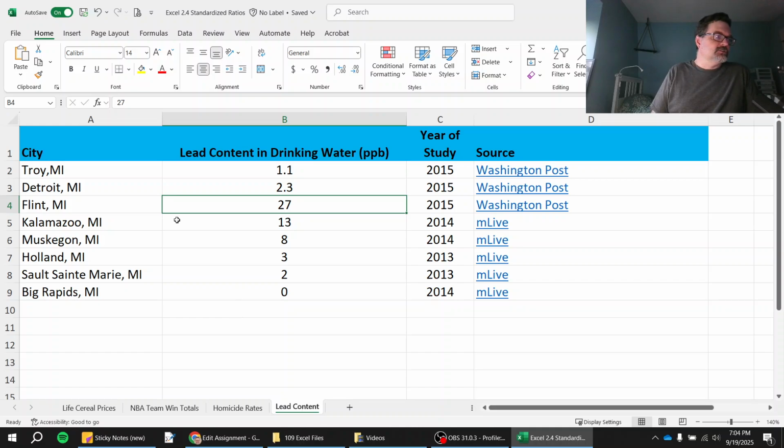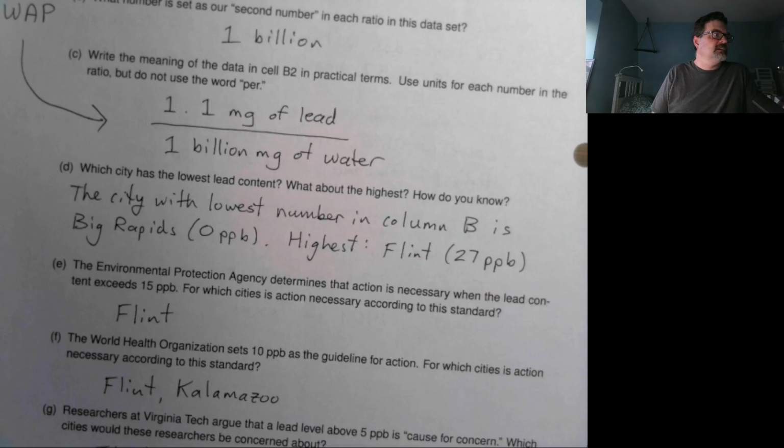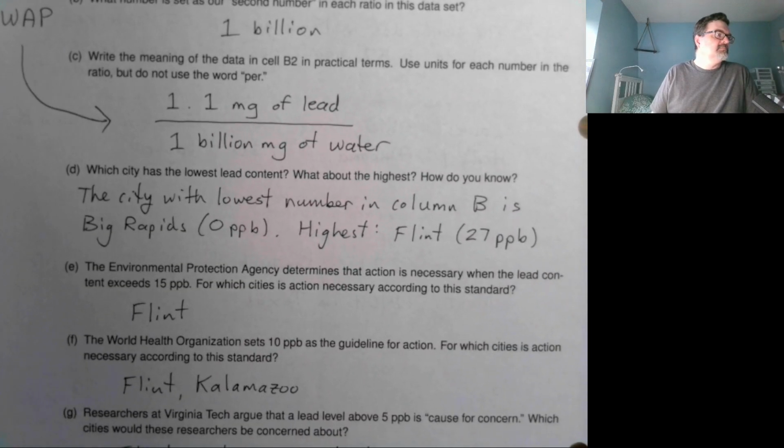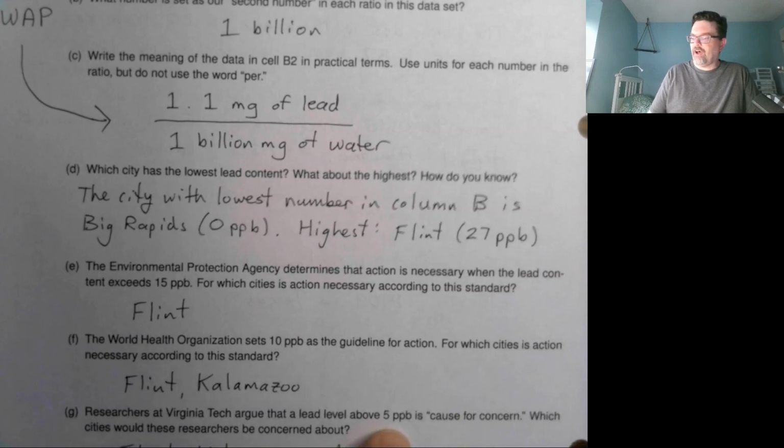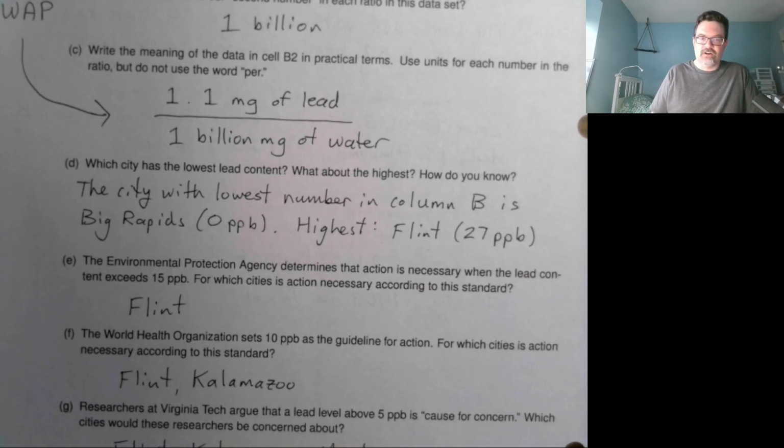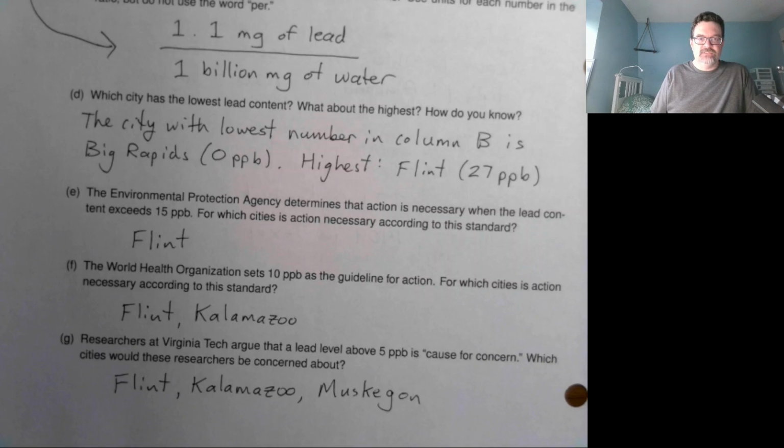But if you go down to 10 parts per billion, which is a World Health Organization threshold, then now we've got both Flint and Kalamazoo meeting that threshold. And if 5 is cause for concern, well, now we actually get Muskegon in the mix as well.